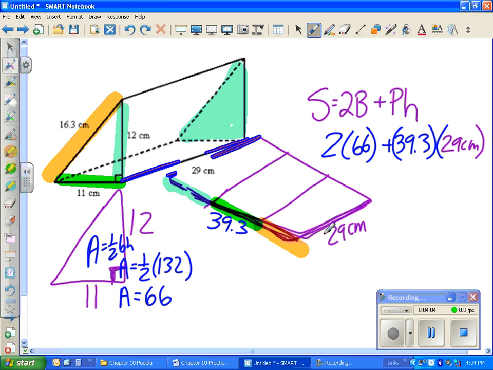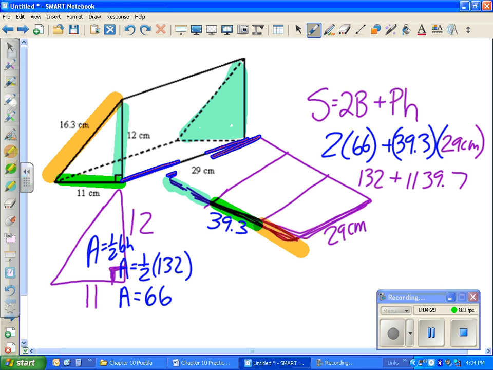2 times 66, we should have 132, plus you're going to do 39.3 times your 29, and that should give you 113, I'm sorry, not 113. I apologize. It should be 1139.7.